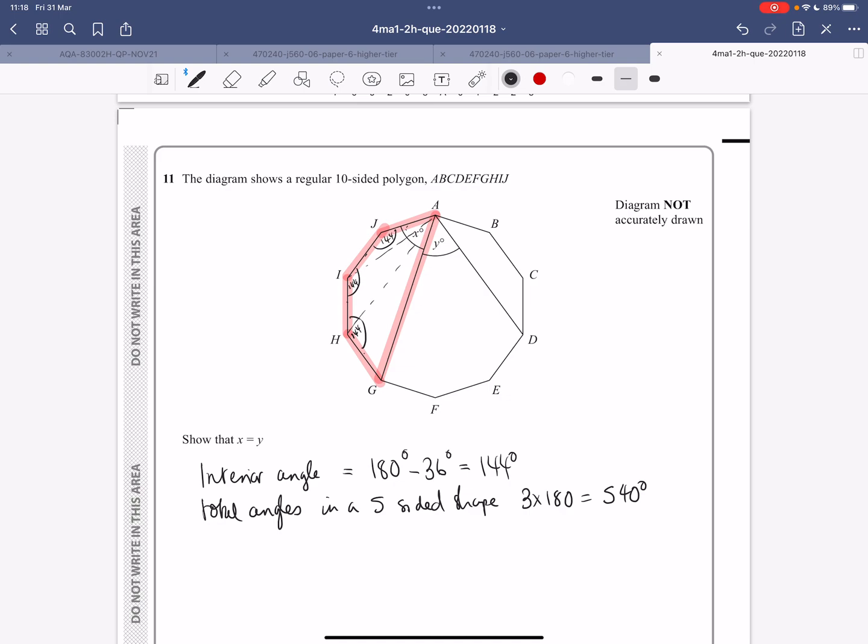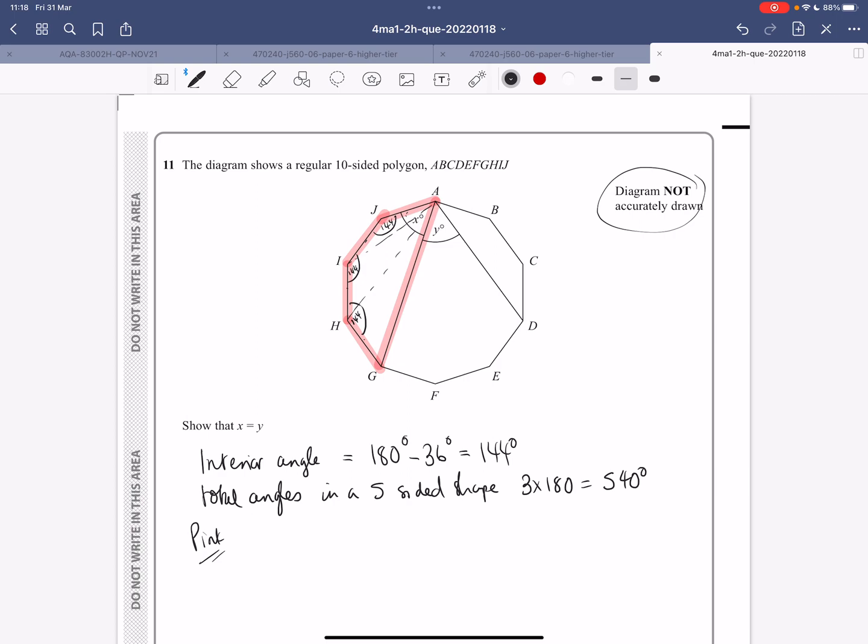Okay, so in our pink shape, it's not drawn accurately, is it? Pink shape, we've already got 144 times 3, which is 432 degrees.